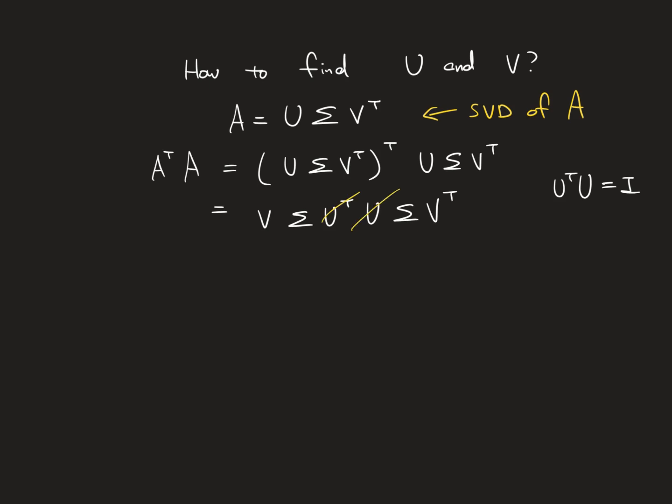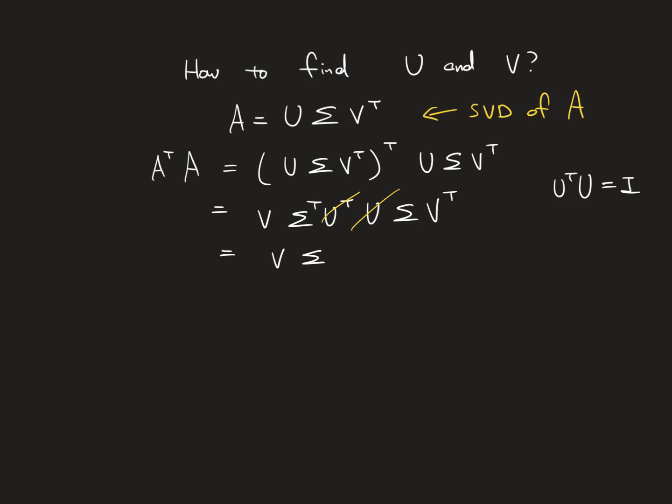So we have V sigma, some kind of sigma square, but I think we have to write sigma transpose here, because in the full size form, sigma is not a diagonal matrix.